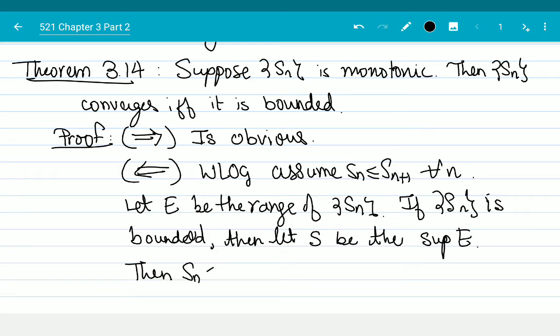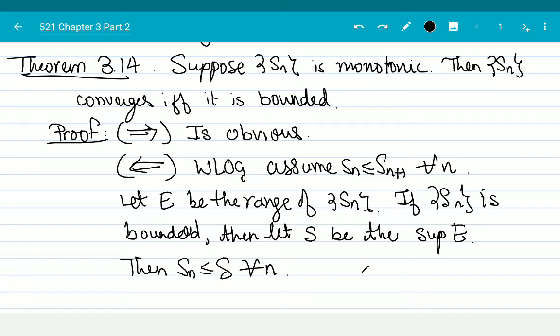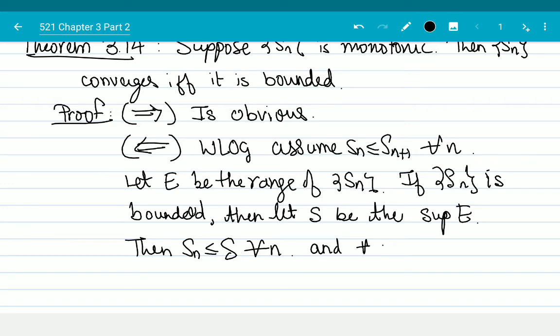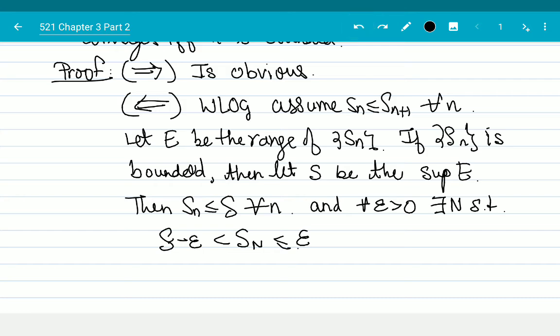Then that means that Sn is smaller than or equal to S for every n. Okay. And for every epsilon greater than 0, there exists an n such that S minus epsilon is strictly smaller than Sn, which is smaller than or equal to S. Okay. Otherwise, S minus epsilon would be a lower upper bound.